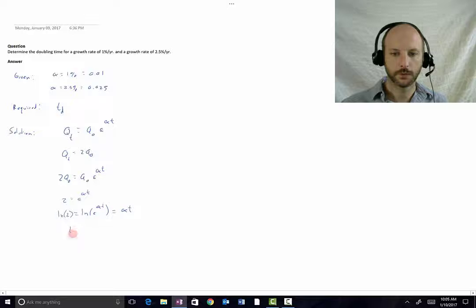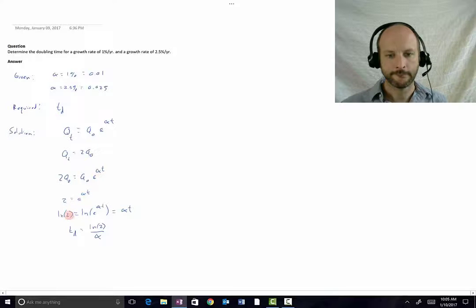If we want to solve for t, which will be our doubling time here, it's just ln of 2 divided by alpha, and that's the formula that was given to you in the textbook for doubling time of a continuous growth model. Now you know where that came from, and why the natural log pops up in that one. It's because we needed to get rid of that exponent term.